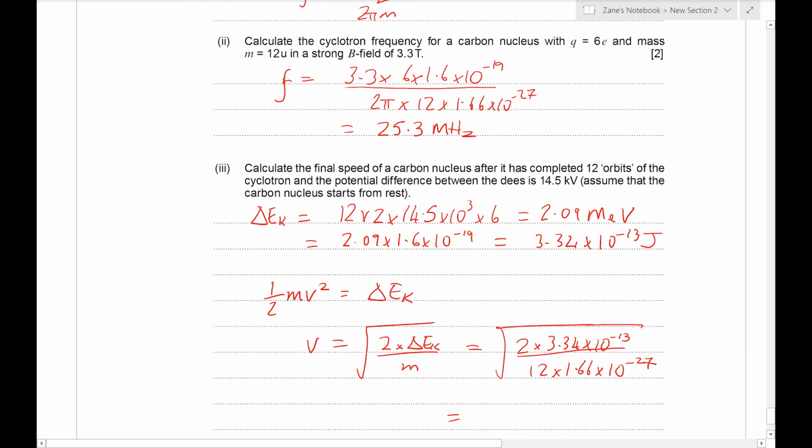Putting those numbers into the calculator gives us 5.79 times 10 to the 6 meters per second.